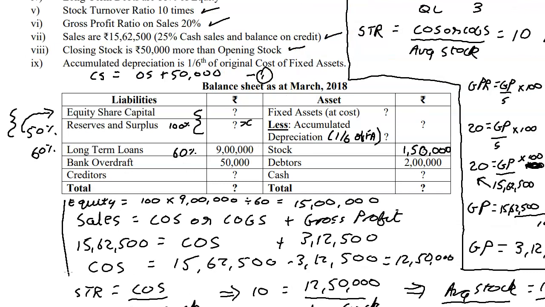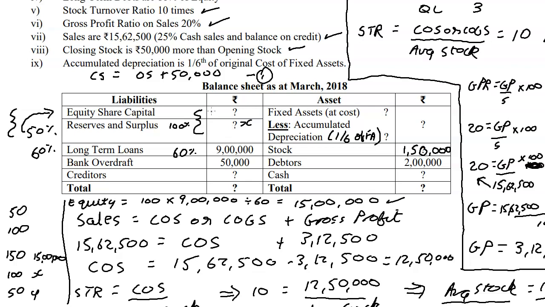I know I'm squeezing in all these calculations. But if one item is 50%, that means the other item is going to be 100%. So 150% is what corresponds to the 15 lakhs that we just got over here. Therefore, 100 is going to be X, and 50 is going to be Y. If you want to cross multiply, but just looking at it, you can make out that this is going to be 10 lakhs and this is going to be 5 lakhs.